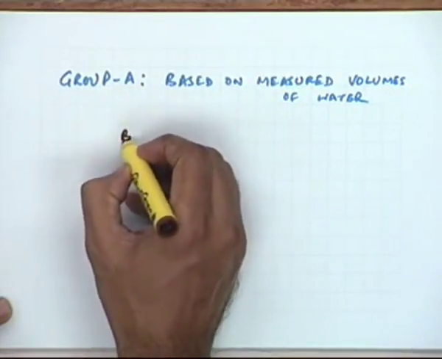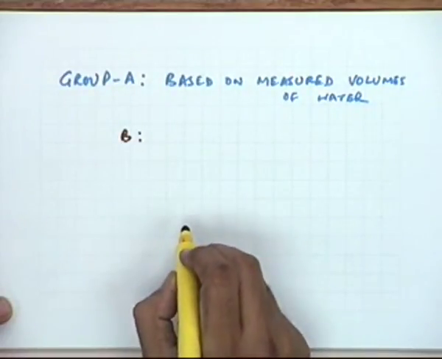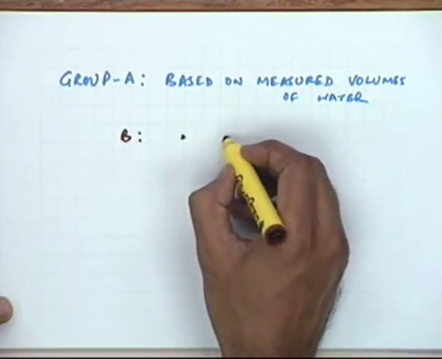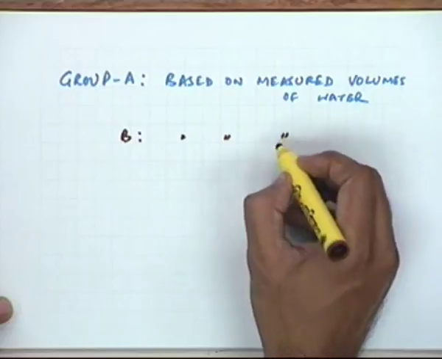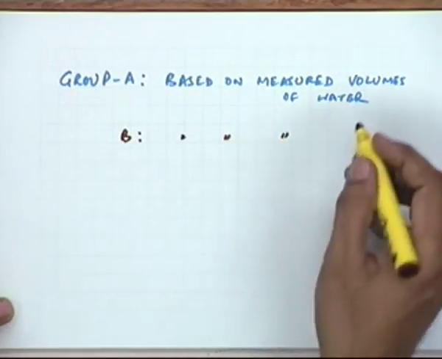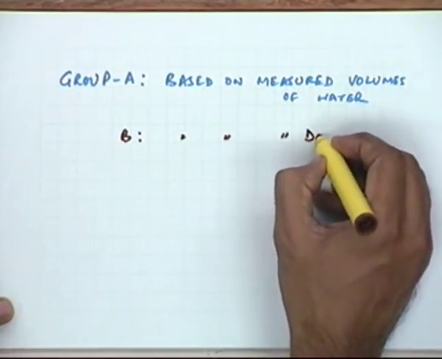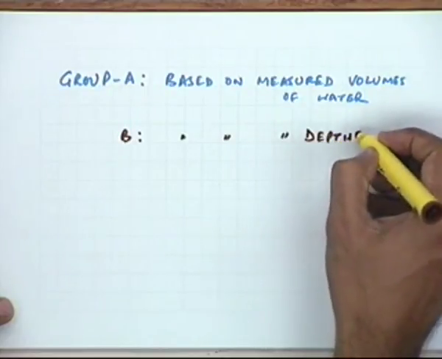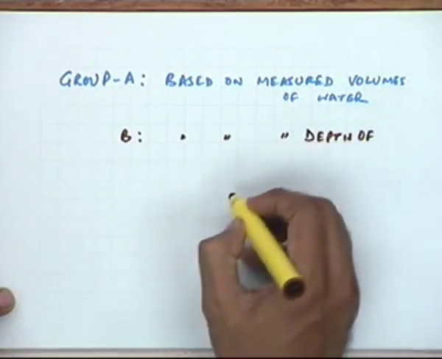Then group B will discuss the efficiencies which are based on measured depth of application.